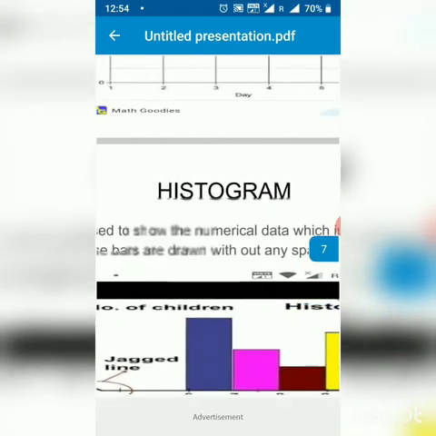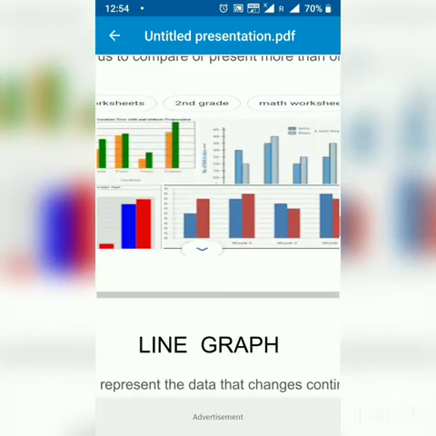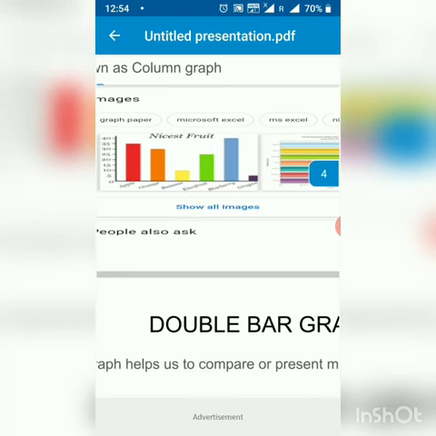But what is the difference between the bar graph and the histogram? See, in the bar graph, each box represents one type of data, and after each box a gap is there, then the next information is written.